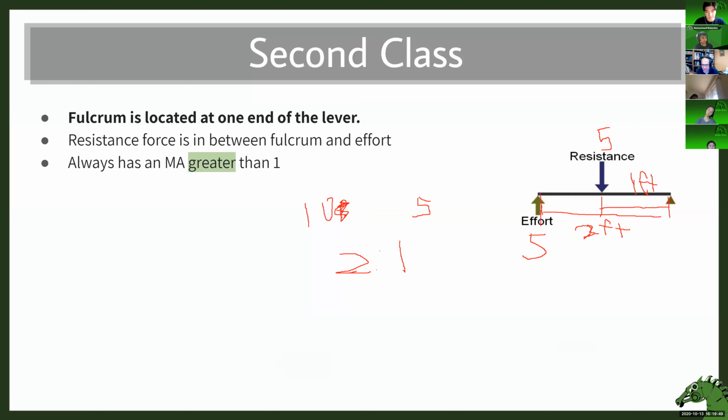Anyways, 2 to 1 ratio here, because your applied force is going to be double your resistance force. Your effort force is always going to be with a longer lever arm. You're going to have more leverage than the resistance force. That's why it's greater than 1.